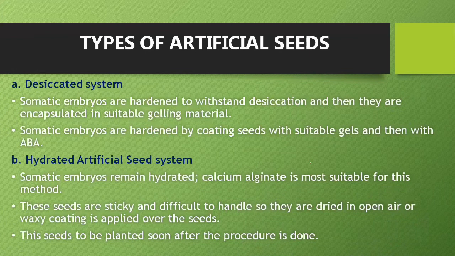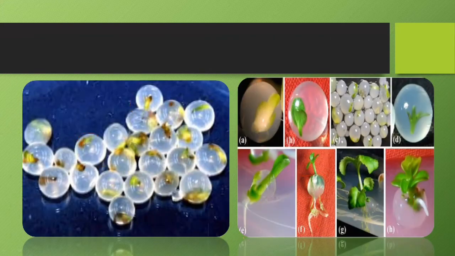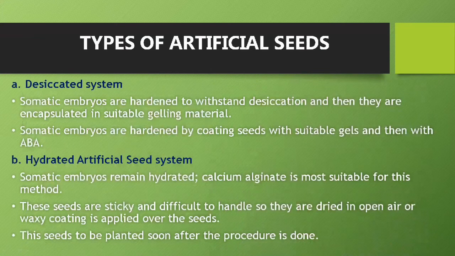Now we will see there are two types of artificial seeds. First is the desiccated artificial seed system, and second is the hydrated artificial seed system. In the desiccated artificial seed system, as the name suggests, somatic embryos are hardened to withstand desiccation, and then they are encapsulated in a suitable gelling medium.